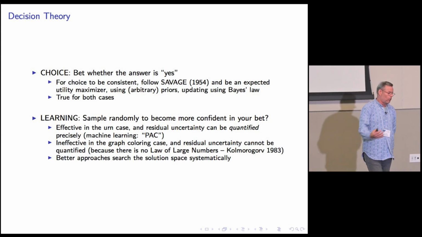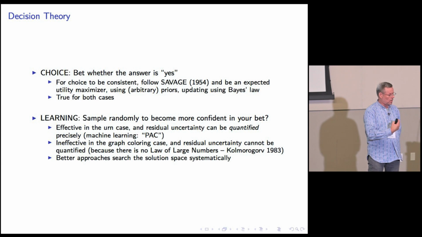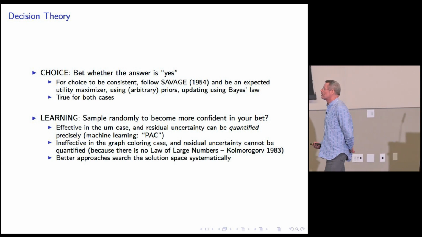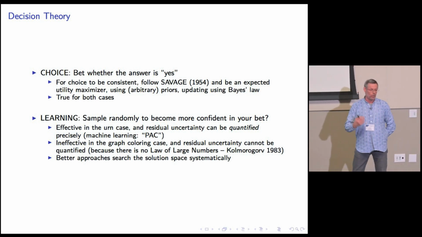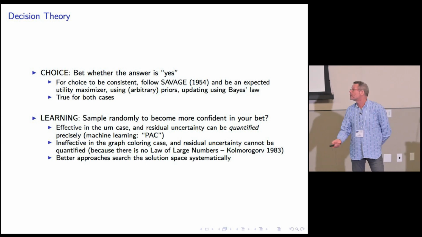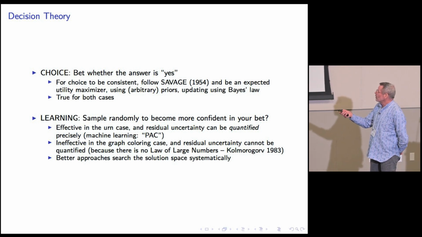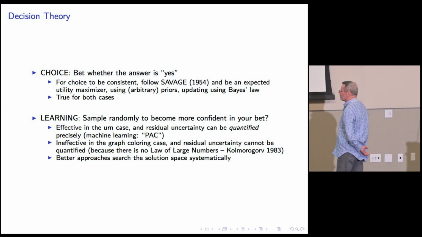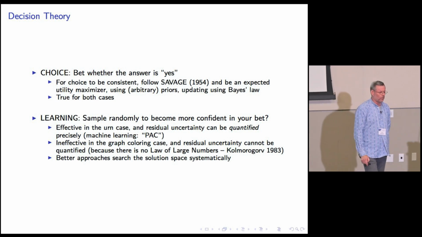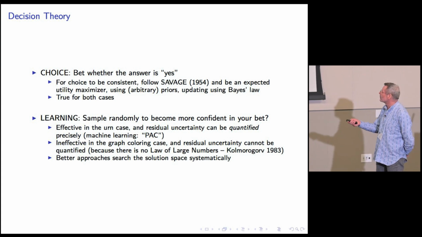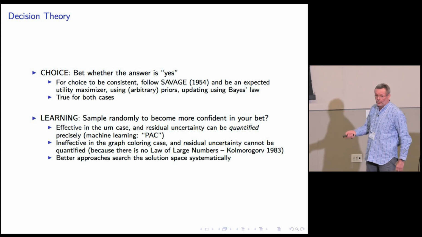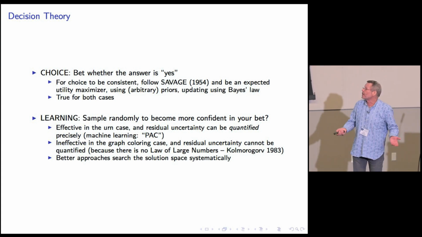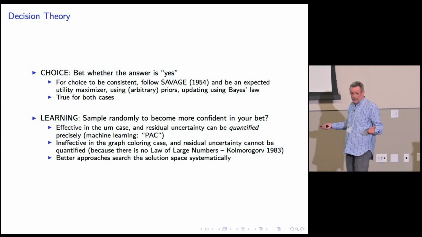So let me now step back and talk about decision theory, hardcore decision theory. How do we teach classical decision theory, as opposed to what the computer scientists have been looking at? First, there is choice, and second, there is learning. Of course, in standard decision theory, we don't distinguish between the two, but you have to distinguish under computational complexity. So a choice is, for instance, do you want to bet whether the answer is yes? Do you want to bet or not?